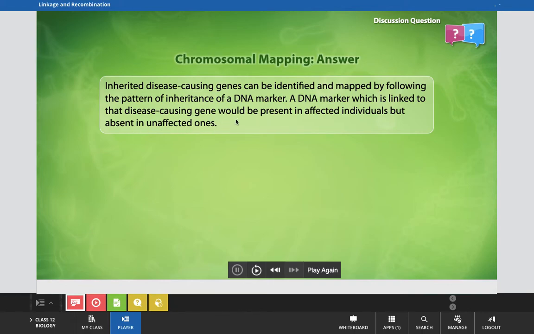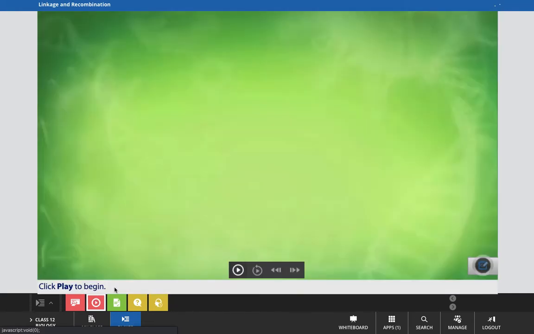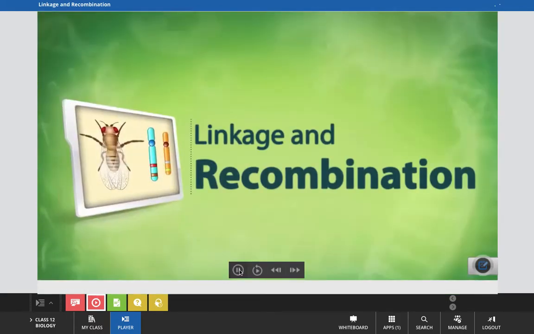In this way, chromosomal mapping helps us understand the various genetic factors that we can study in any hereditary disease. Now, I'm starting this presentation with the help of this media presentation. You will be able to clearly understand the concept of linkage and recombination.